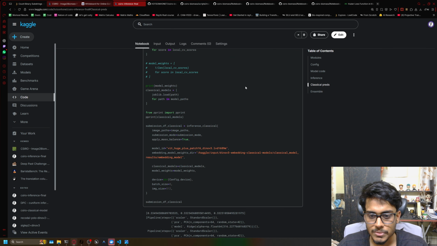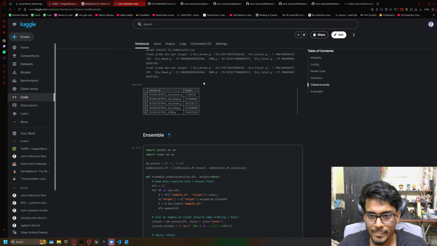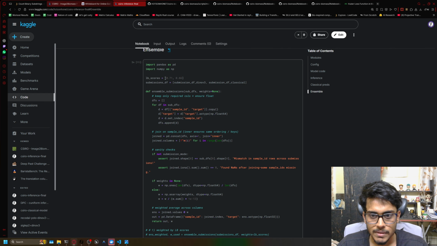For the neural network model I was giving a weightage of 0.79, and for the classical models I was giving a weight of 0.66. Oh, I was saying 0.69. I was getting 0.71, which is good.